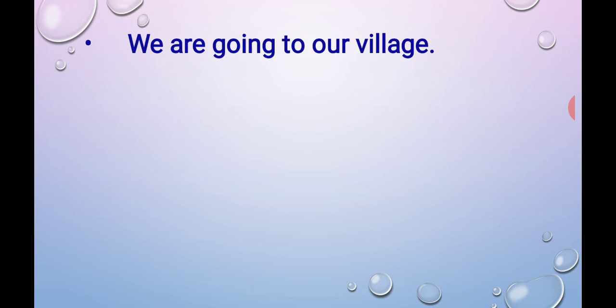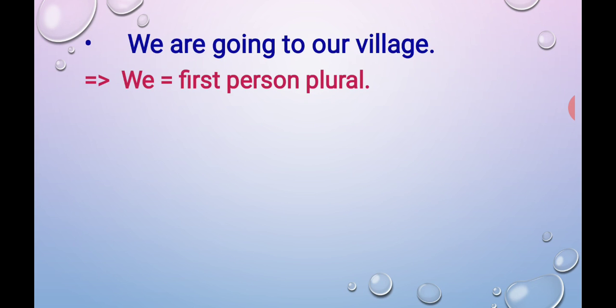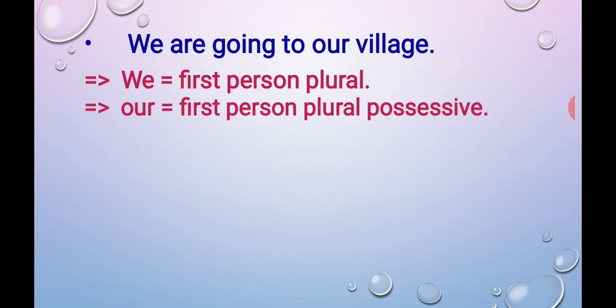Let's start the next sentence. We are going to our village. Here two personal pronouns are there. First is we, and we shows the first person plural form, right? And then our shows the first person plural possessive pronoun, right?